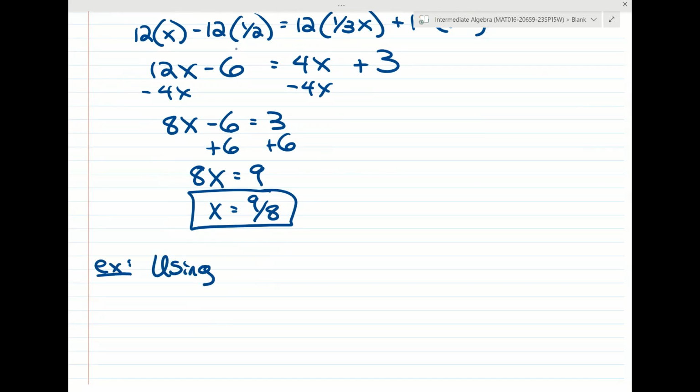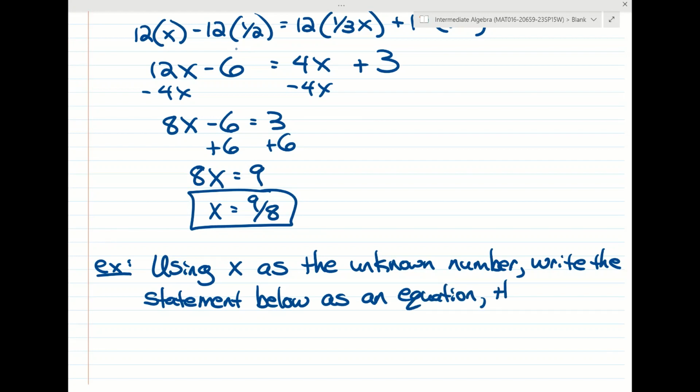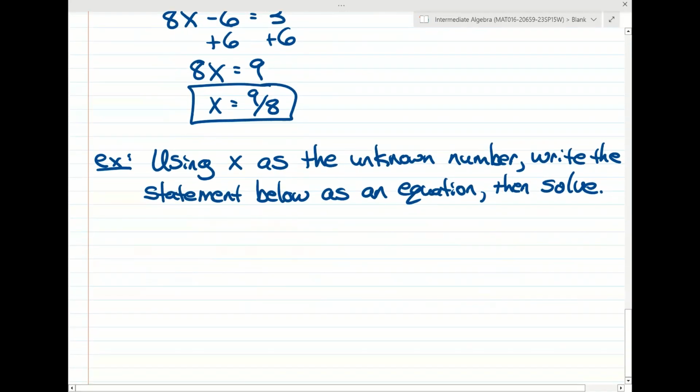Using x as the unknown number, write the statement below as an equation and then solve. So we're converting English to math.